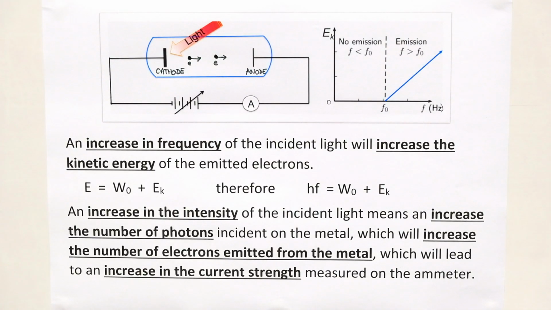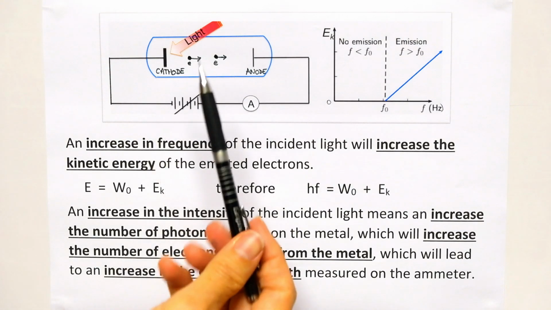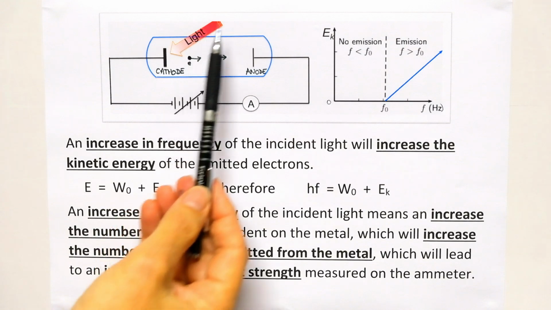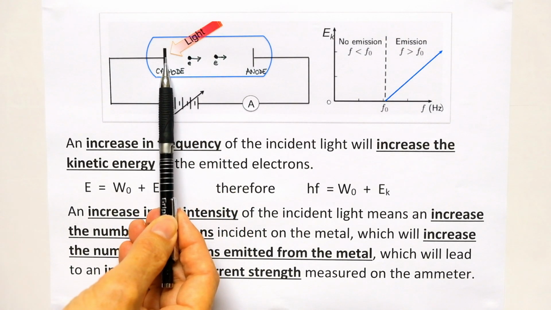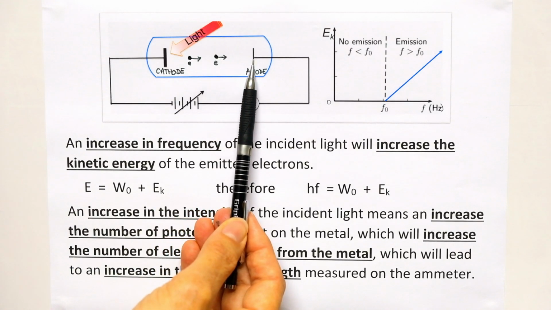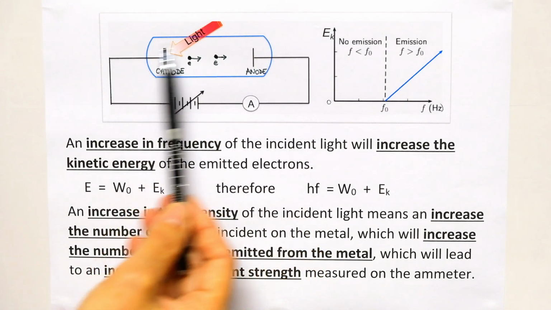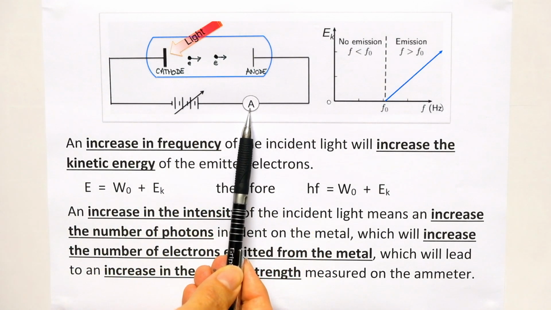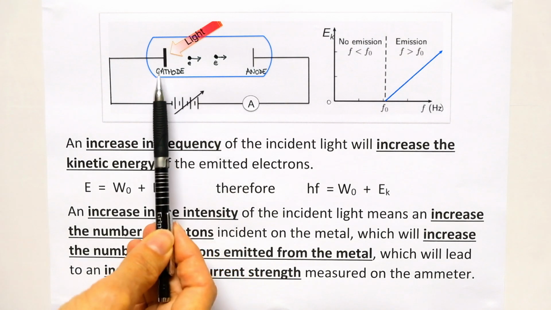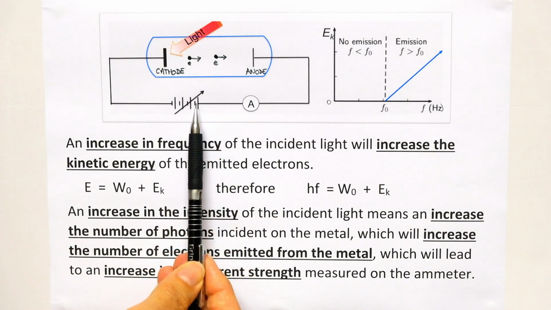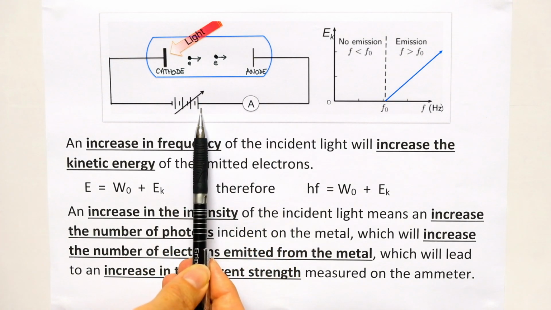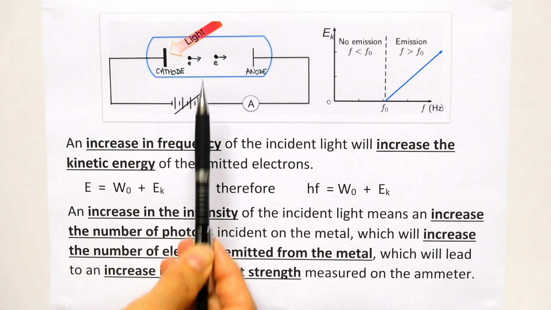In this sketch, we will be looking at the photocell, which works under the influence of incident light. Photons fall onto the cathode, electrons are emitted, and they move towards the anode and flow through the external circuit. An ammeter or microammeter or milliammeter is used to measure the current strength. The cathode is connected to the negative terminal of the cells, and the anode is connected to the positive terminal of the cells.